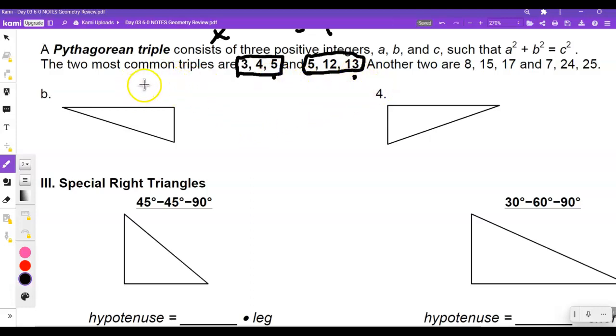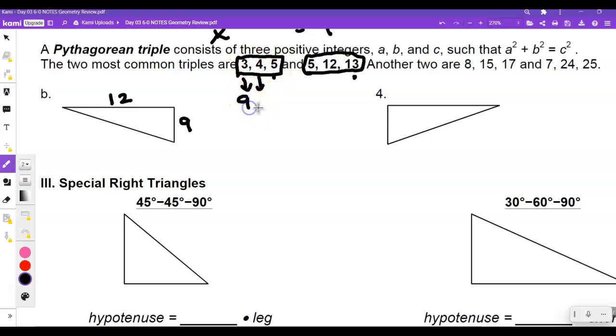But the only thing I want to point out here is that, yes, that's a triangle, but if you have a multiple of it, it also works. So what I mean is this, let's say you have 9 and 12. If you can catch on that 9 is 3 times 3, and 12 is 4 times 3, so it's really just a multiple of 3 of a 3, 4, 5.